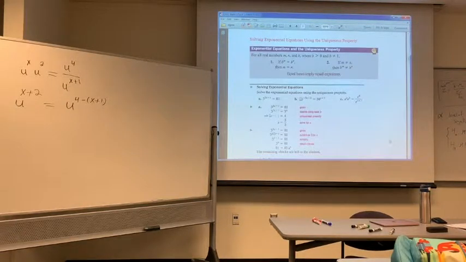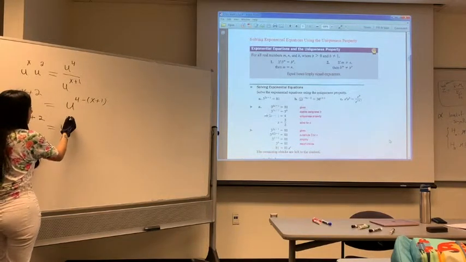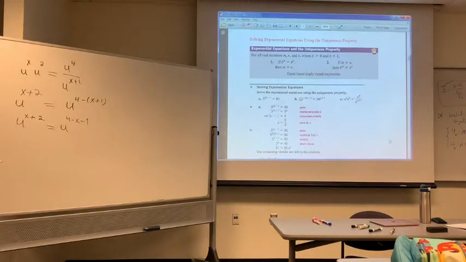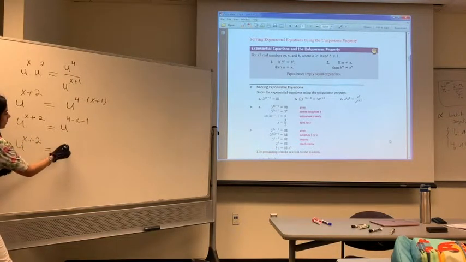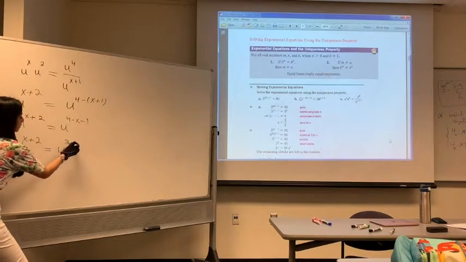Okay, so let's simplify that. u power x plus 2 is equal to u power 4 minus x minus 1. So we have u power x plus 2 equal to u power 4 minus 1 is 3, 3 minus x.